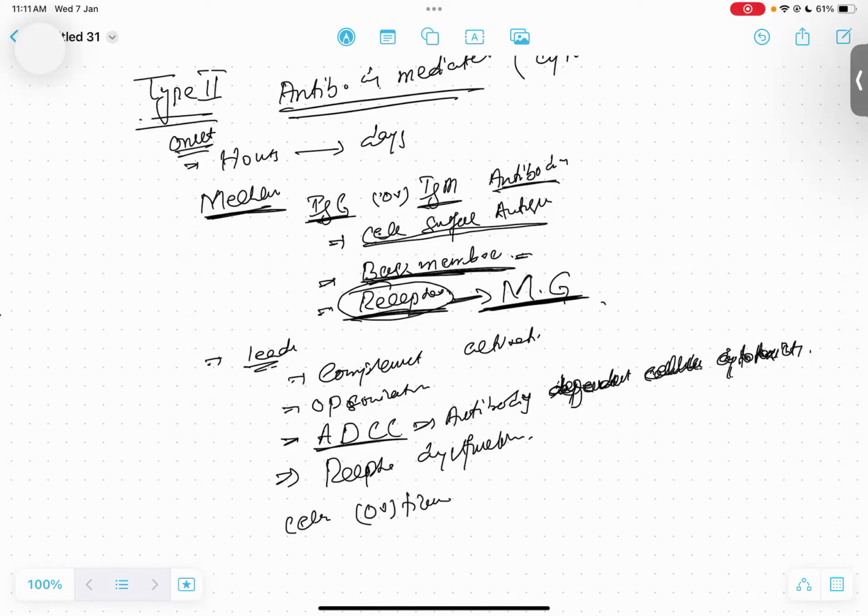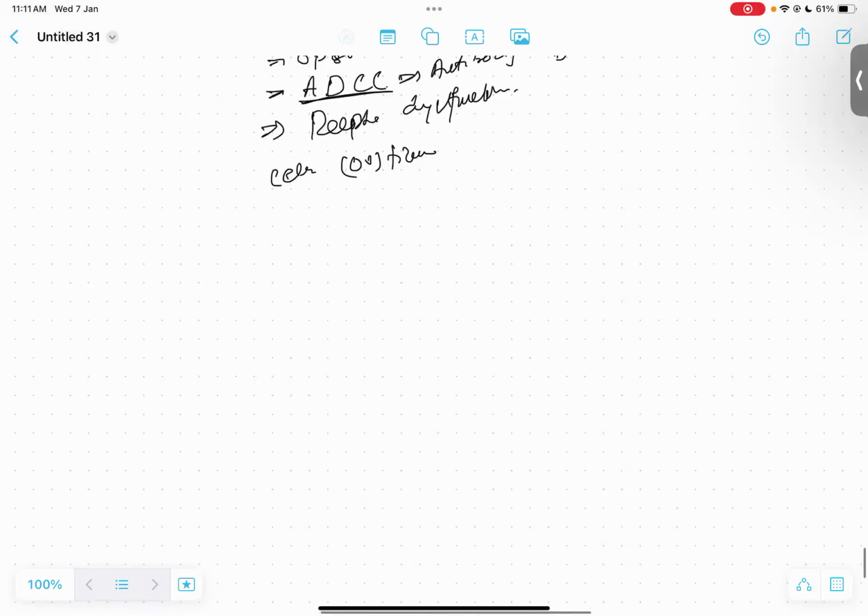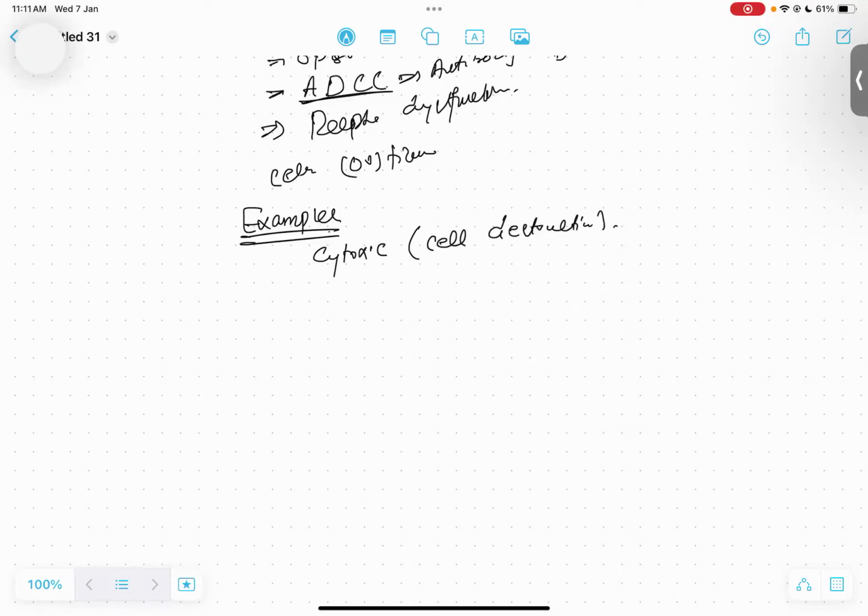The examples of cytotoxic destructions, that is cell destruction. Now you can tell me the examples.